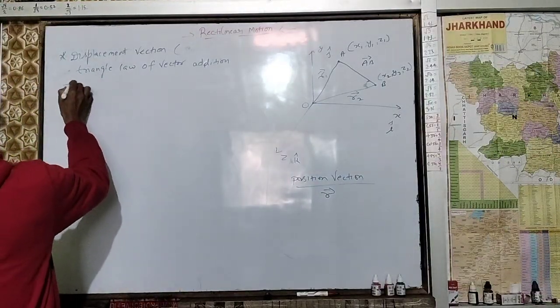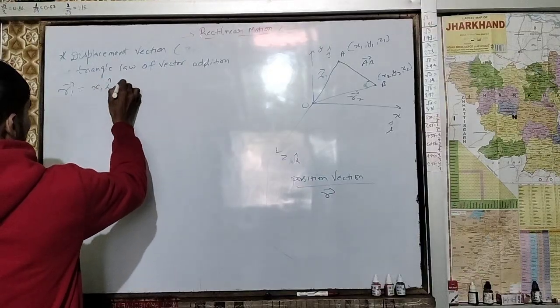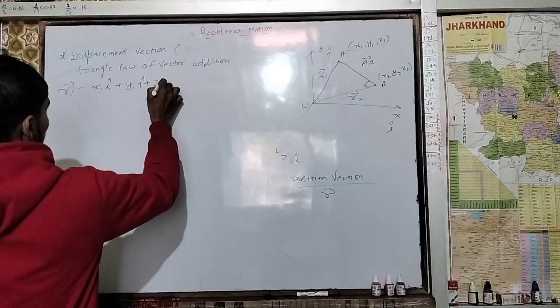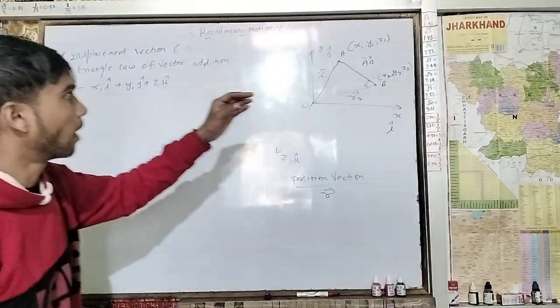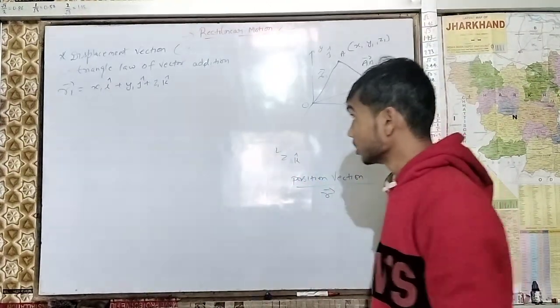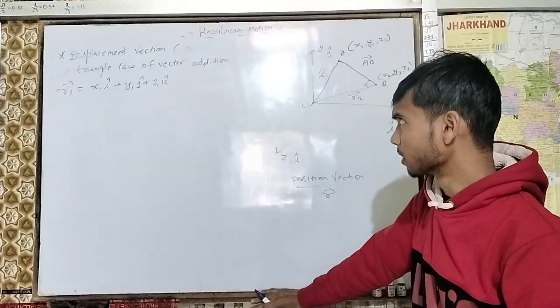So our R1 will be x1 i cap plus y1 j cap plus z1 k cap. That is how we write any position vector. This is not our displacement vector, okay?